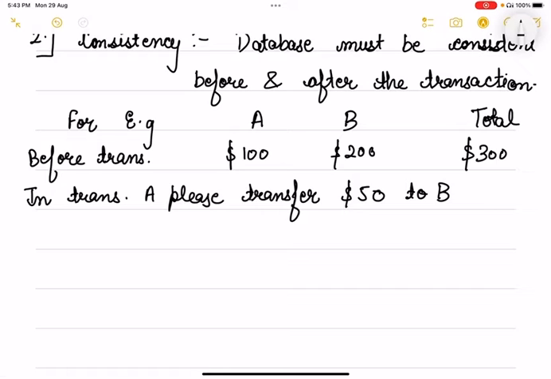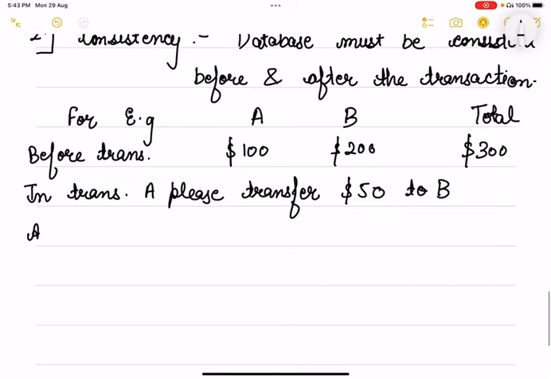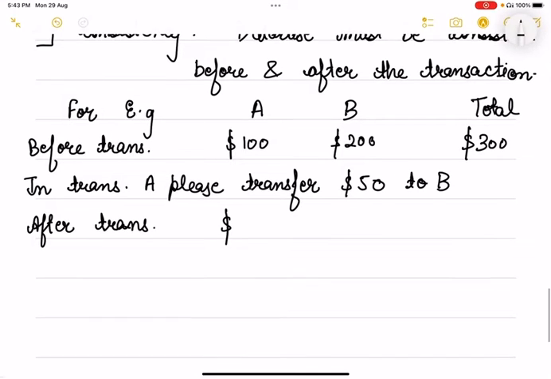Either the complete transfer is made to B or there will be no transfer of $50 to B. So after the transaction, the amount left for A is $50 and B has $250.